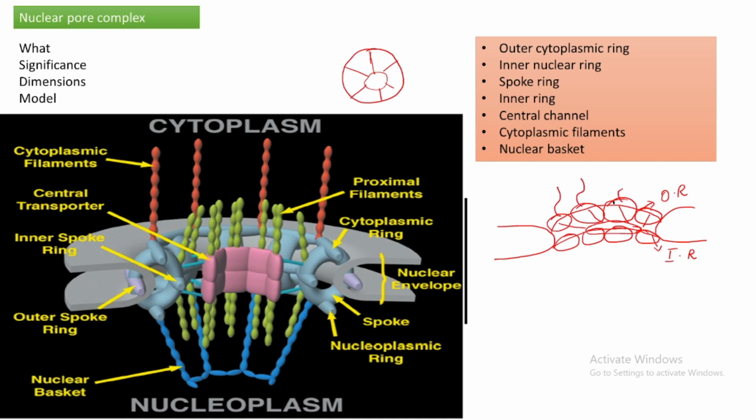Filaments emerge from the outer ring and also from the inner ring. The outer ring is called the outer cytoplasmic ring because it is facing the cytoplasmic side.